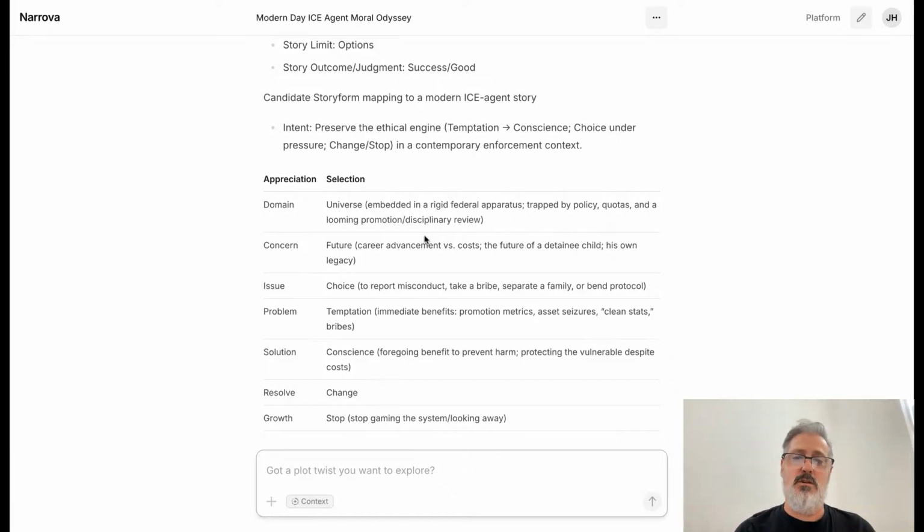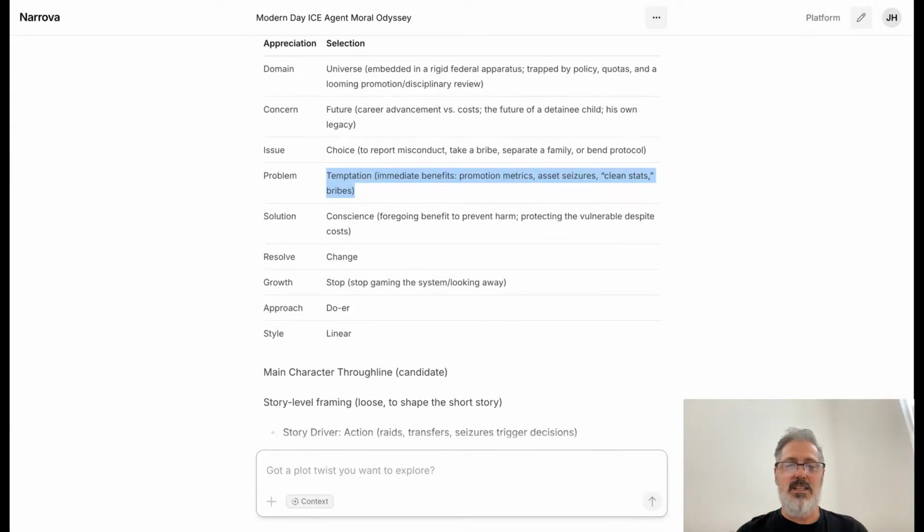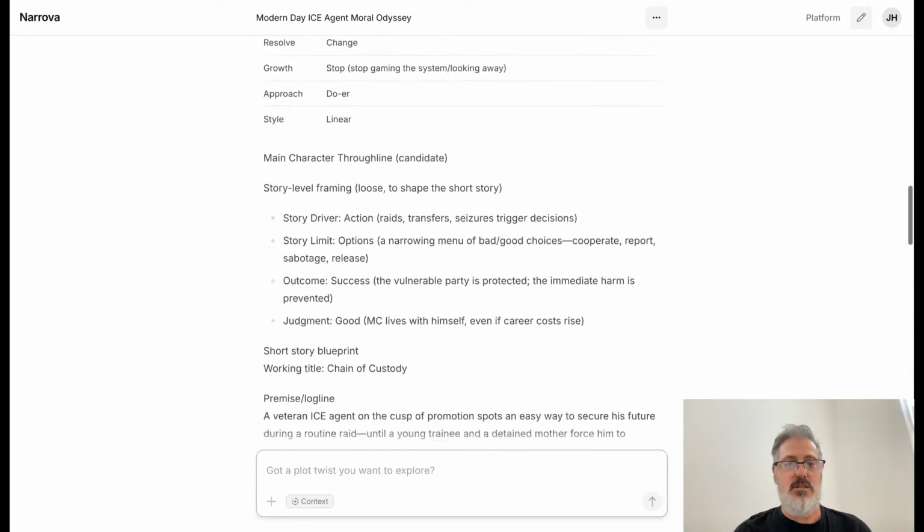His issues are career advancement versus costs, the future of a detainee child, his own legacy, the choices he has to make: report misconduct, take bribes, separate a family, or bend protocol. In the beginning, very much driven by temptation. So he gets all the immediate benefits: promotion metrics, asset seizures, clean stats, bribes. But then at the end, he forgoes benefit to prevent harm, protecting the vulnerable despite costs. So that's somebody who's arced from being driven by temptation to eventually getting to a place of conscience.